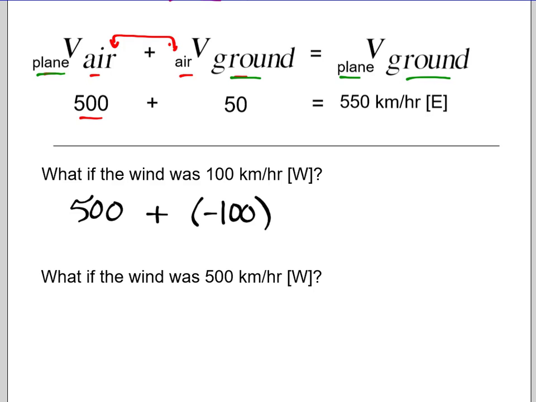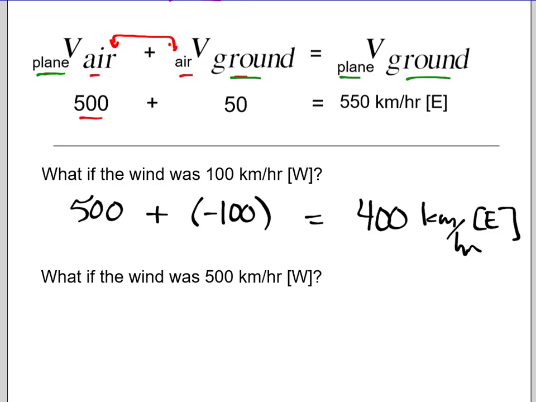It's 100 kilometers an hour in the opposite direction. So we're going to put a negative on that. So our velocity of our plane relative to the ground now becomes 400 kilometers an hour to the east. Okay, so we're traveling slower because the medium we're flying in is going quicker in the opposite direction.